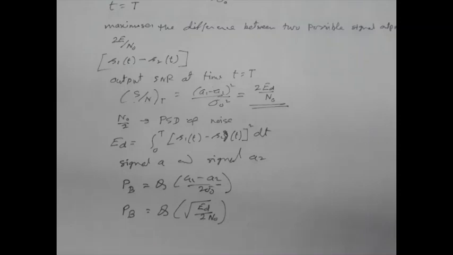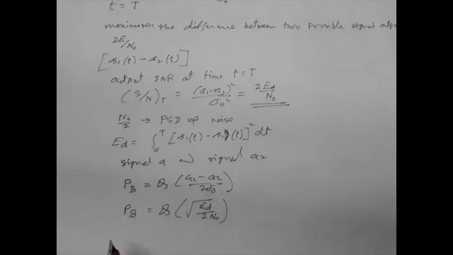And to do so, we start by defining a time cross correlation coefficient rho as a measure of similarity between two signals S1 and S2.